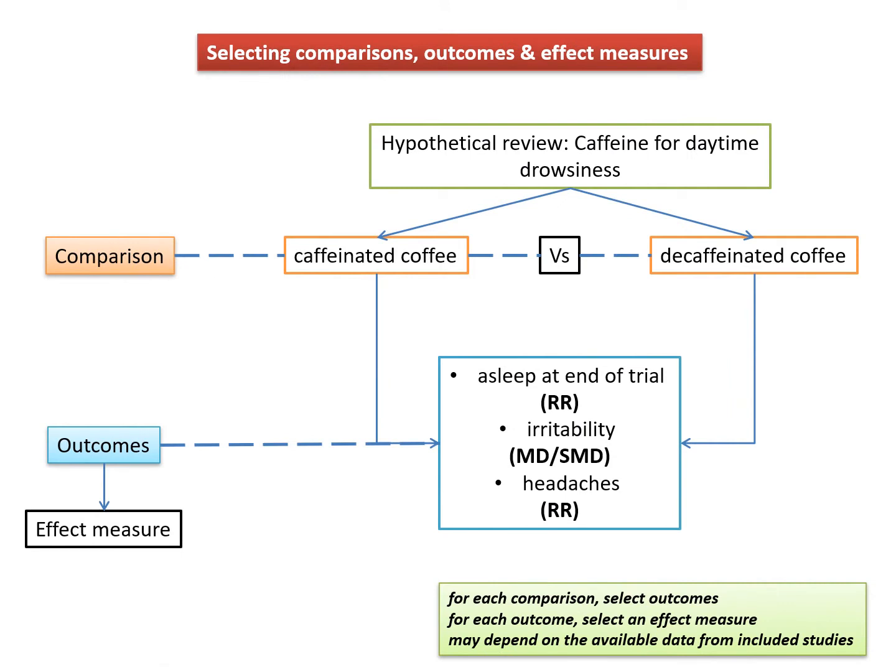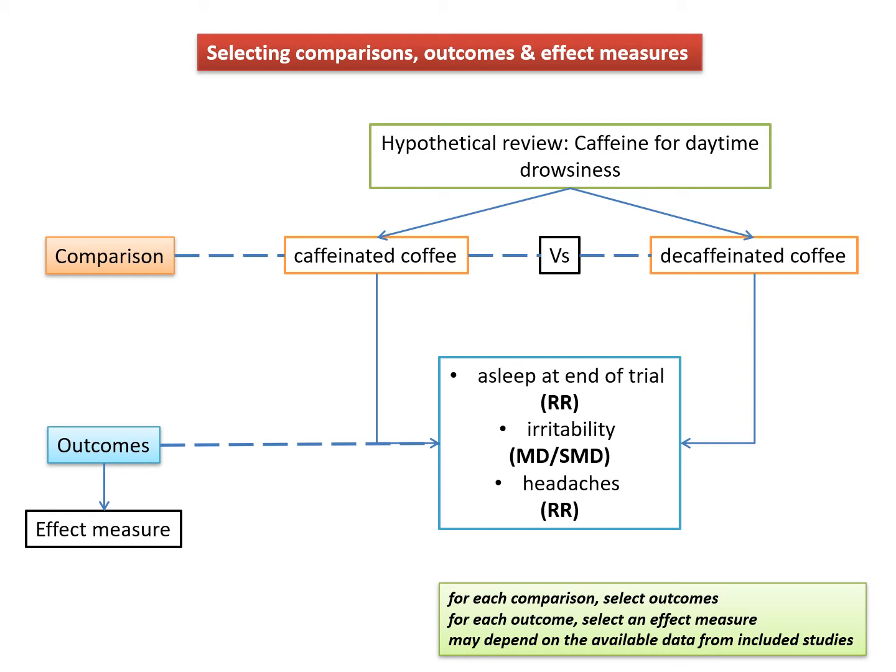Say we are conducting a hypothetical review as to the role of caffeine for daytime drowsiness. A reasonable comparison in our meta-analysis will be caffeinated versus decaffeinated coffee. Examples of outcomes are A, feeling asleep at the end of the trial, B, irritability, and C, presence of headache. Then we choose the effect measures of our proposed outcomes.